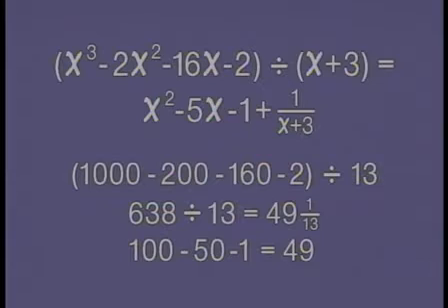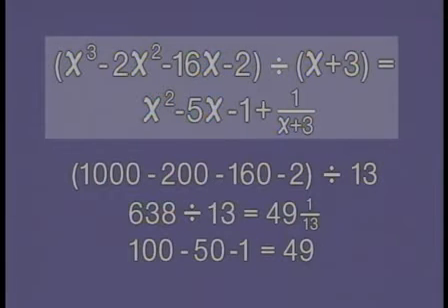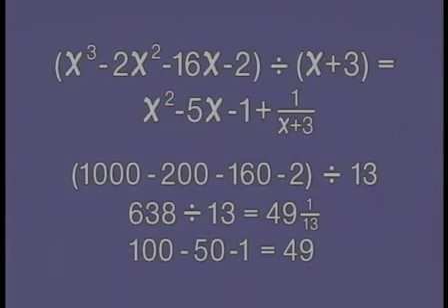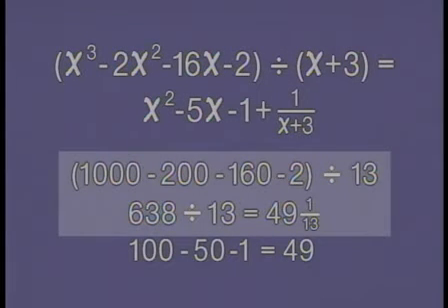The next visual, in effect, shows you what we've done. We have a division problem, and the answer is x squared minus 5x minus 1 plus a remainder of 1, which means 1 over x plus 3. At the bottom part of the visual, what I have done is replace the x with 10.